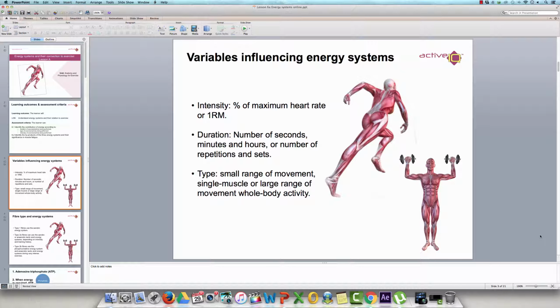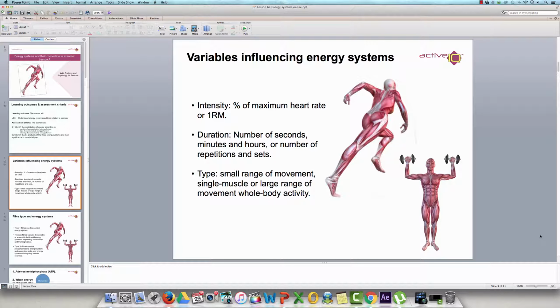So if we're pushing our absolute 1 rep max, going as hard as we can go, we'll be using a different energy system to if we were just lifting maybe 30 or 40% of our 1 rep max.